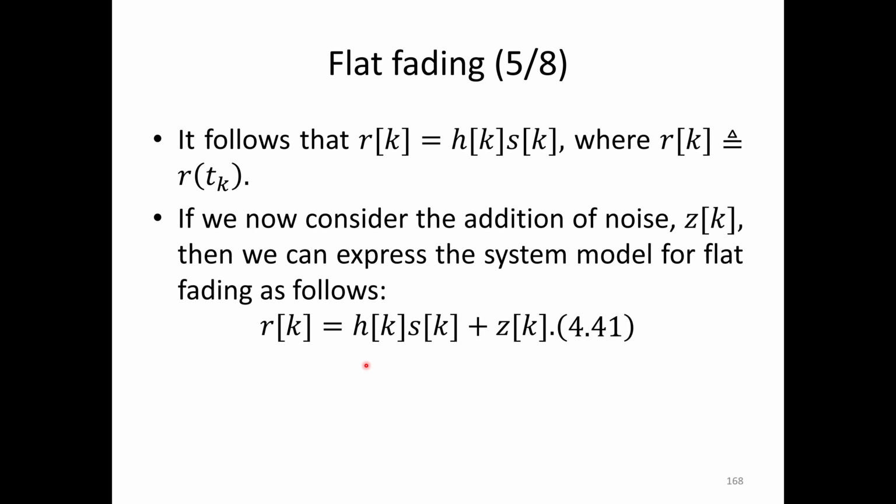In equation 4.41, we can see that R of k is equal to H of k times S of k plus Z of k, where R of k is defined as R of tk.